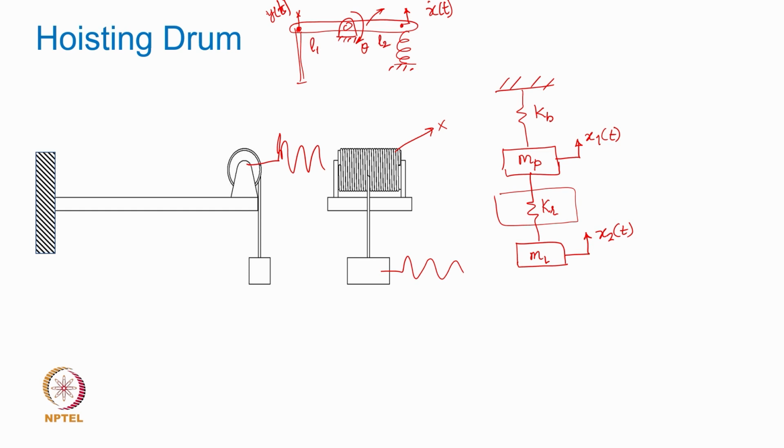This could be possible because this lever or fulcrum in that mechanism was assumed rigid and not flexible, and therefore, x and y both were related to theta and were not independent of theta. Here this mass can move independent of this mass because they are connected through a flexible element.